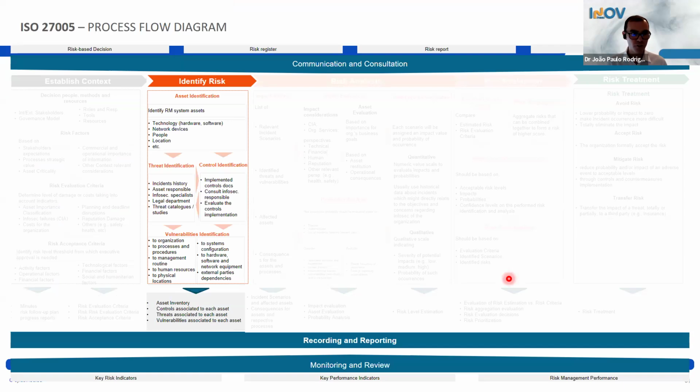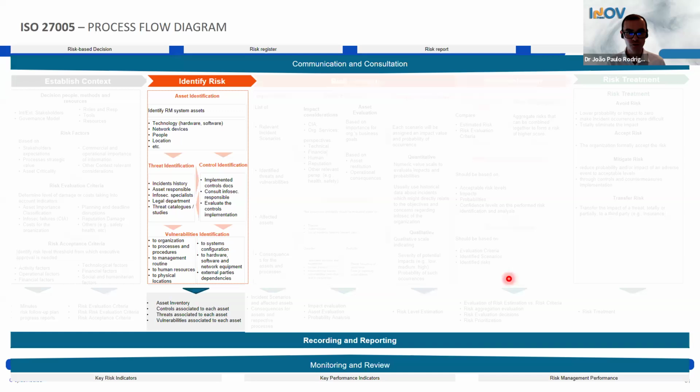Then we have the identify risk stage. In this stage, asset identification is the first part of it. So this is dedicated to identifying software, hardware, people, network devices, locations, everything that can be considered assets that are important for the organization. Then we need to identify the threats to each of the assets.